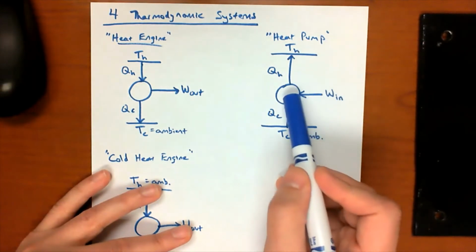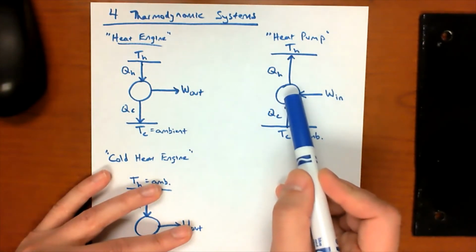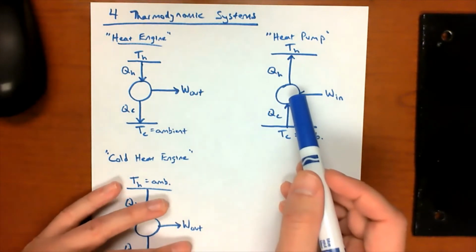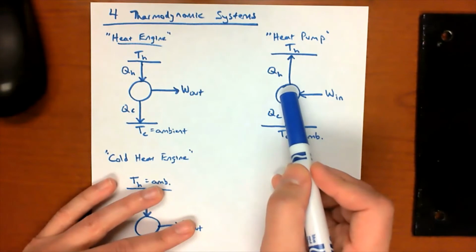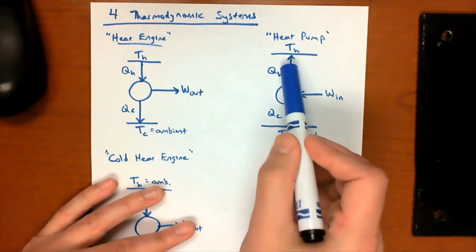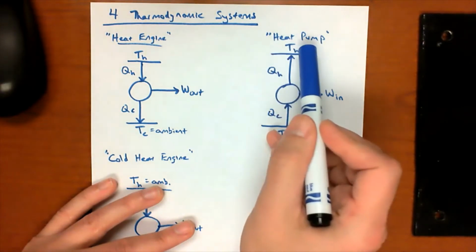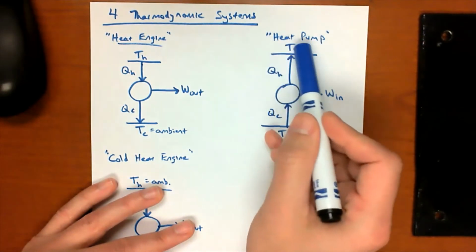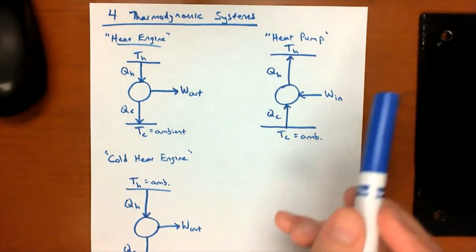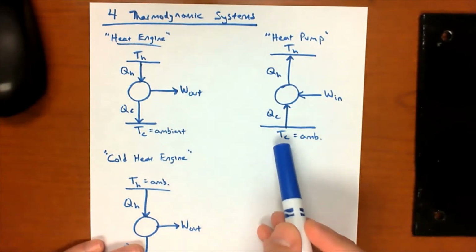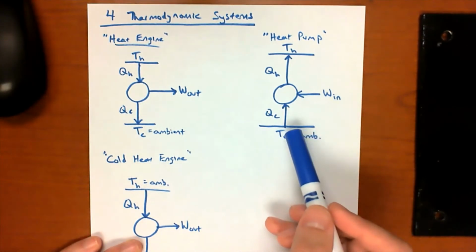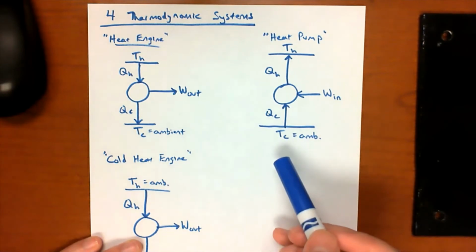That means you're driving a pump or a compressor that's driving the refrigerant, the working fluid in this system, and you're pumping the heat from the cold ambient temperature up into, say, your home. So T hot in this case could be the inside of your home where you're heating it with a heat pump. T cold could be the outside air temperature, or the outside ground temperature, but this is what a geothermal or an air-to-air heat pump does.